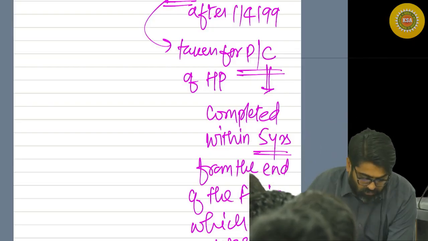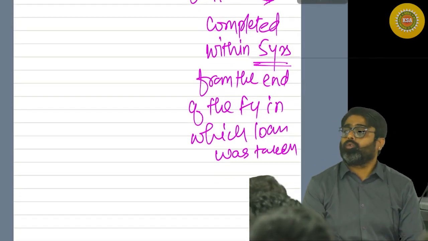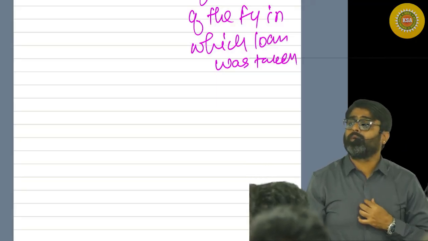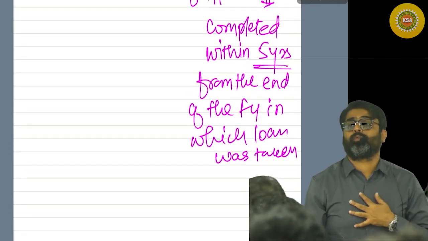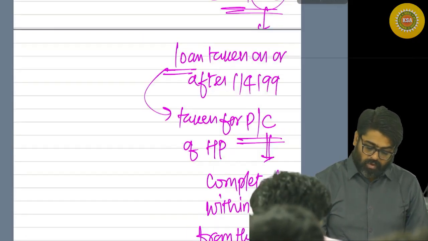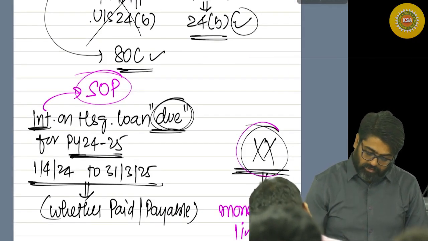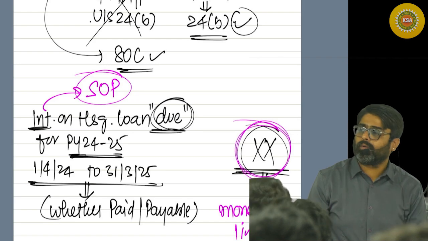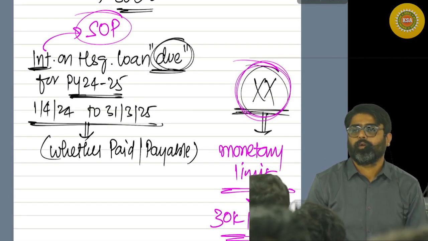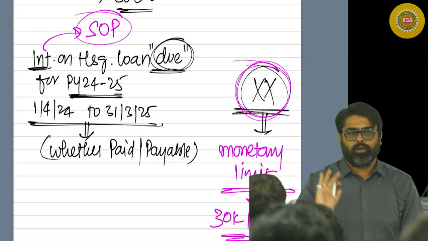Okay. So see, the SOP for which the loan was taken, on that loan interest will be allowed, subject to a maximum of 30,000 or 2 lakh.